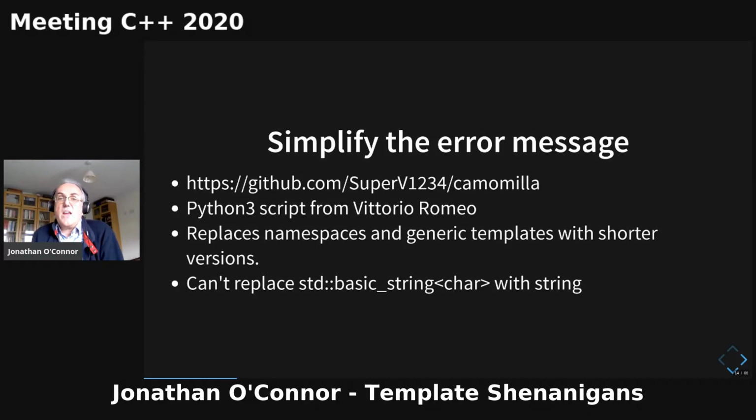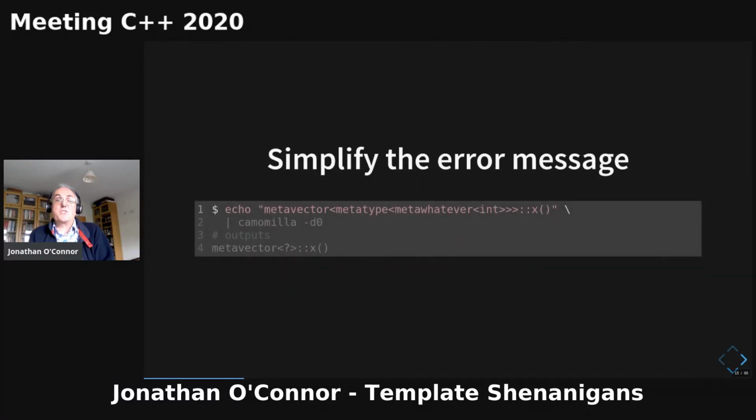So you can get it to throw away std everywhere. It could probably change basic_string to string, but it won't change std::basic_string<char> to just the type string. And that may be a shortcoming in it. But here are some examples of it.